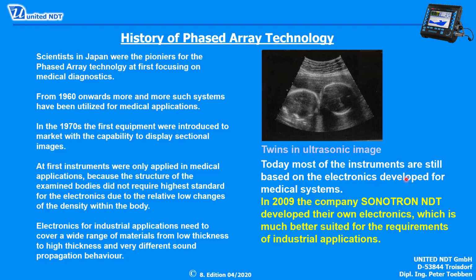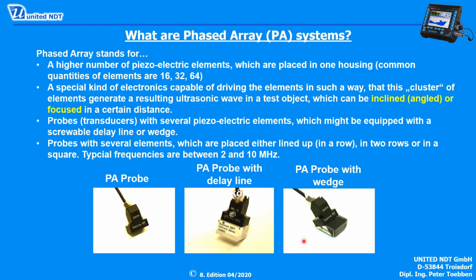Today, most of the instruments are still based on electronics developed for medical systems. In 2009, Sonotron already developed their own electronics, which is much better suited for the requirements of industrial applications.